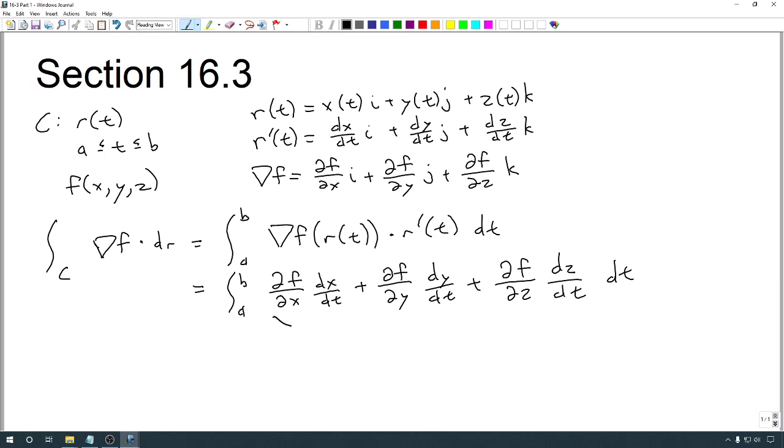This thing right here is just the derivative of f with respect to t. Or really, I should specify that it's the derivative of the composition of f with r of t.